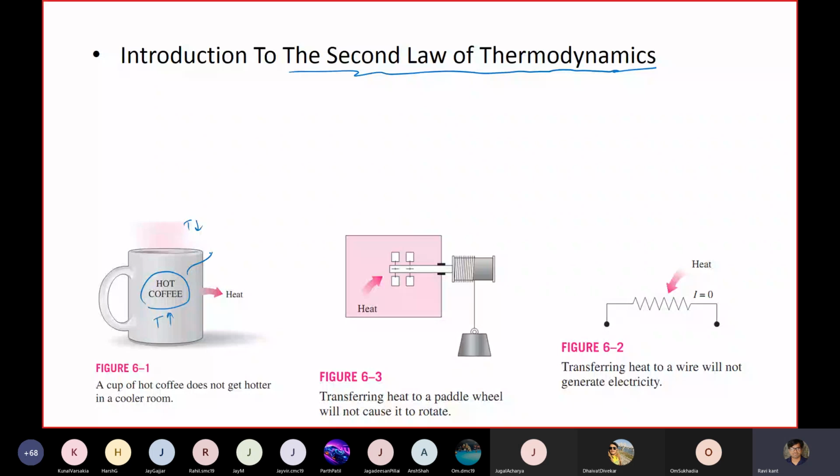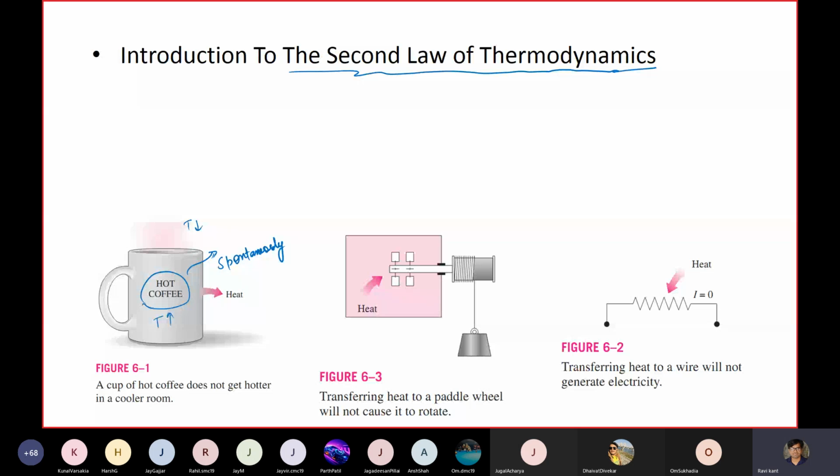The heat flows from higher temperature to lower temperature spontaneously. That is the general tendency of the whole universe. In the thermodynamic sense, the higher temperature substance loses heat to the lower side.